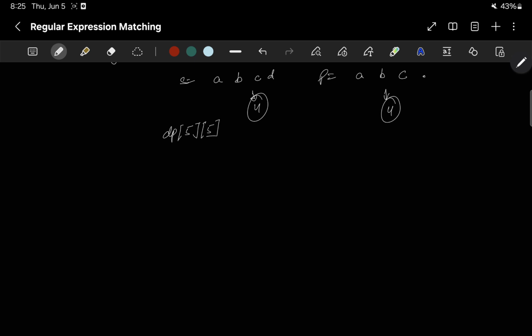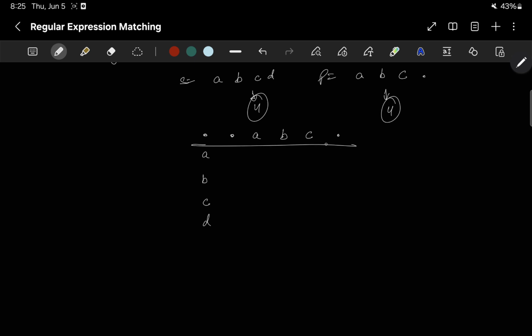Why 5? Let's make it. First we will write S in the rows. You can write in columns also, I prefer writing it in rows. So A, B, C, D, first is empty. Again first is empty for P, and I will write A, B, C, dot.